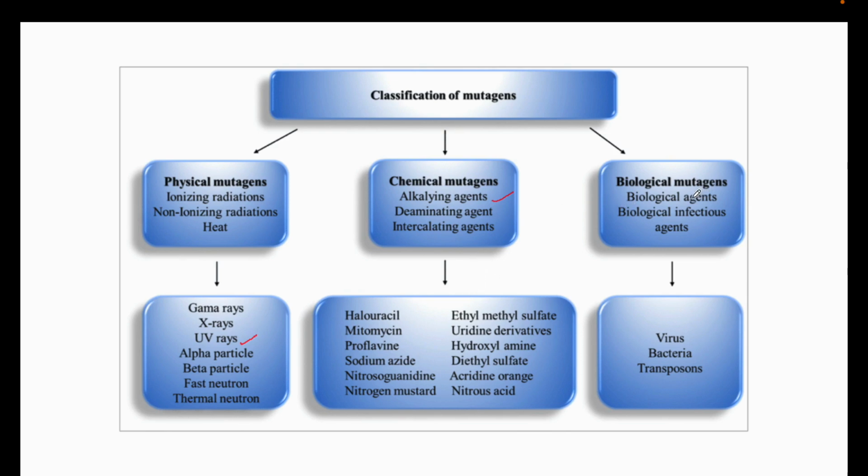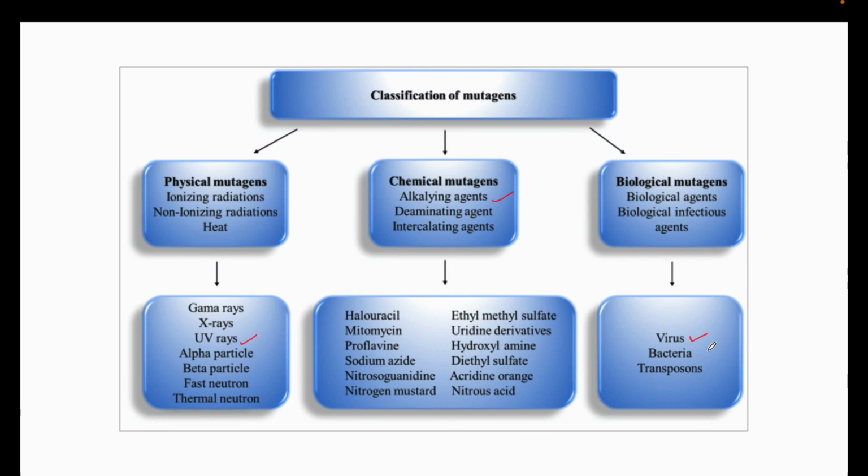Then we have biological mutagens. Biological mutagens are also very common. These could be viruses, bacteria, or transposons. Viruses are able to integrate the viral genome into the normal DNA of the cell, which can also lead to mutation.